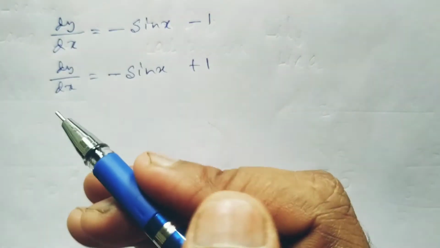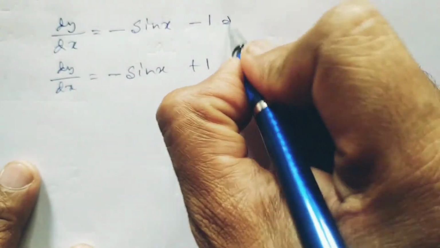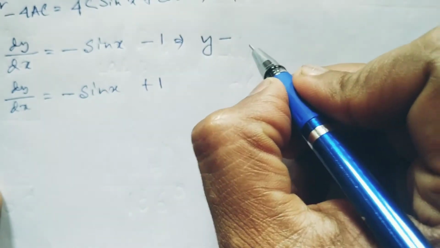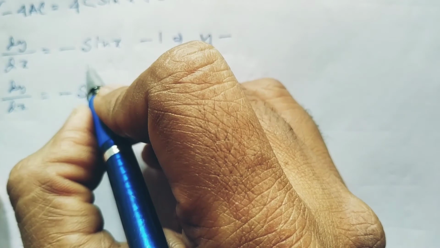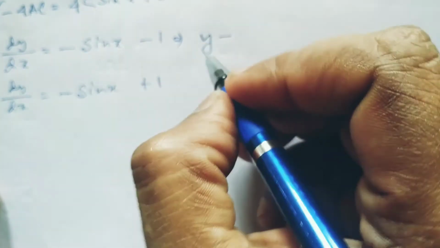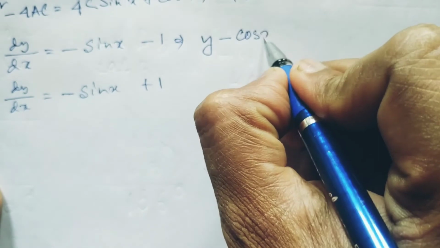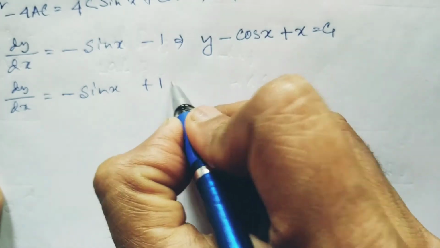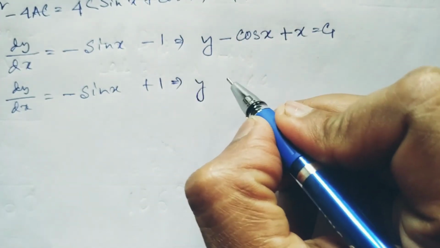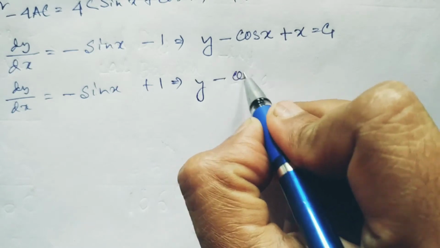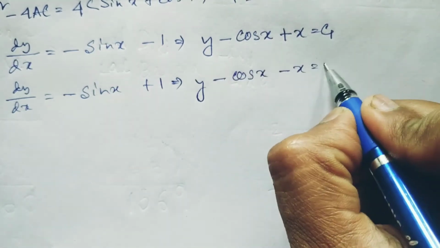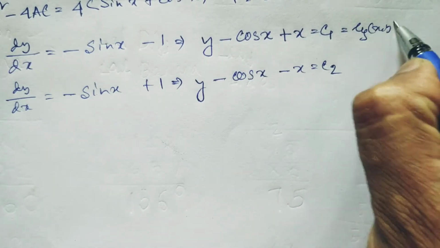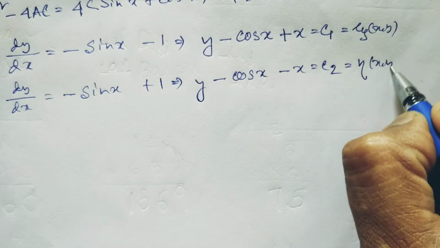Well, so what we write, integrating them, we suppose this to be say xi of xy, and this is eta of xy.